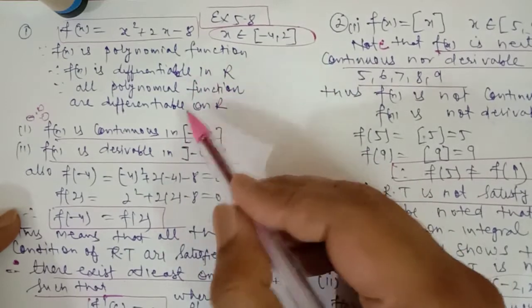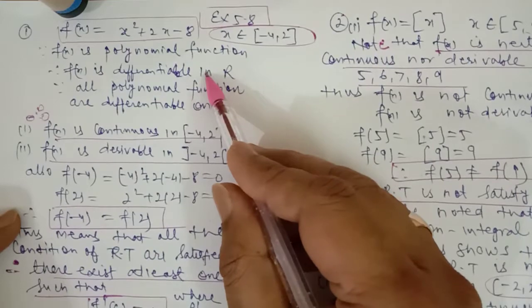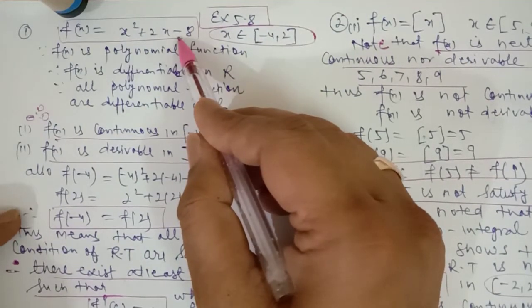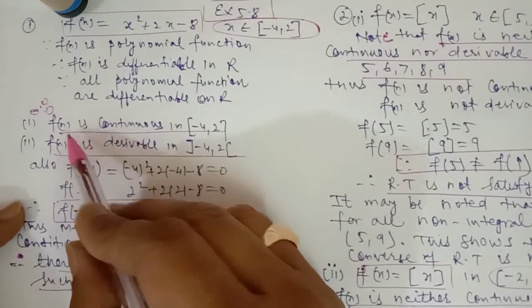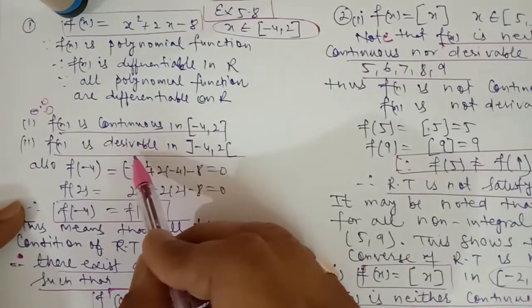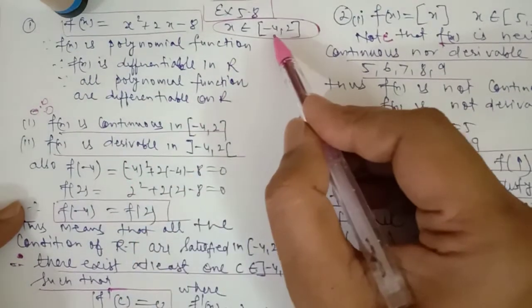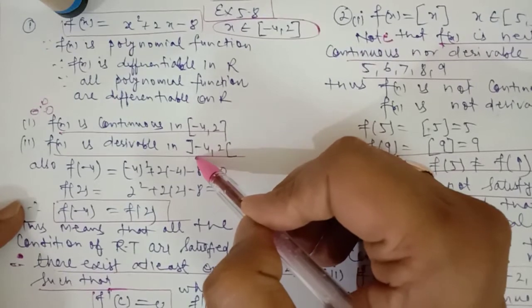If we prove that the function is differentiable, then it will be continuous, but all continuous functions are not differentiable. So you can write f(x) is continuous in the closed interval -4 to 2, and it is differentiable in the open interval -4 to 2. So the first two conditions of Rolle's theorem are satisfied.